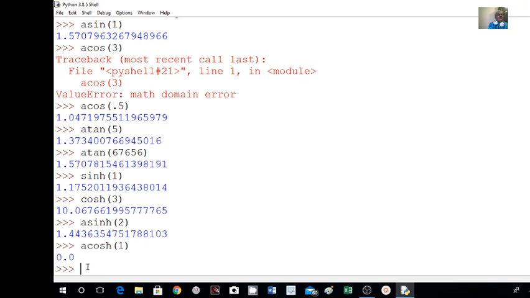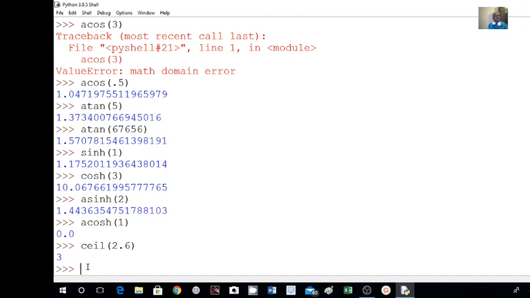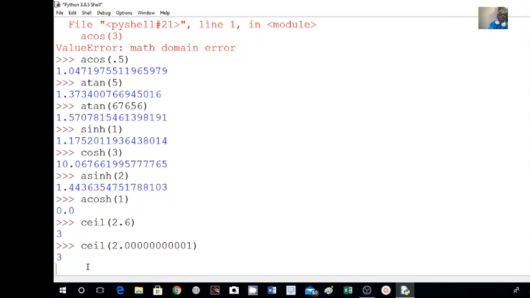By importing math, we can work with mathematical functions. Many functions are there. This is another function, ceil, of say 2.6. This is equal to 3. Ceil of 2.0000001, enter. Again it is going to 3 here. Just above 2 it goes to 3, the ceiling.